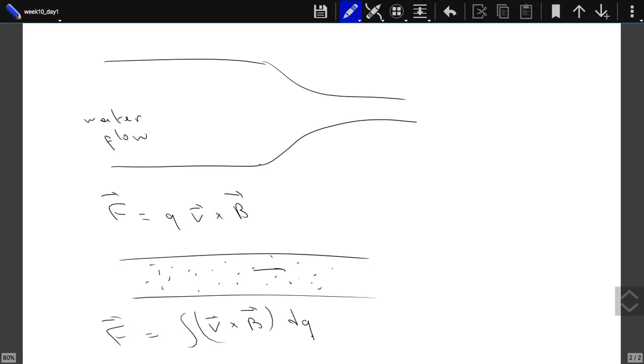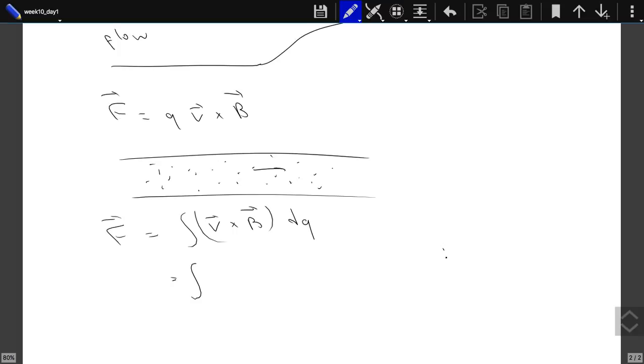So you have all these charges moving with a velocity v, let's say. You divide all these system of charges into small bits, small point charges, each one having a charge dq. You just calculate the force acting on each one of these charges dq and sum them up. And that gives you the total force acting on your system.